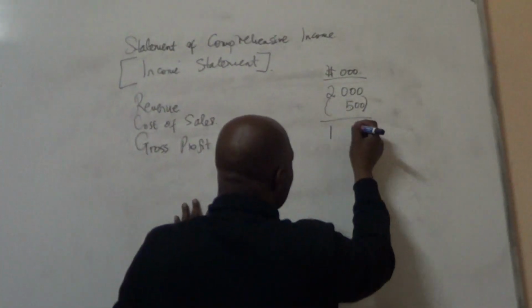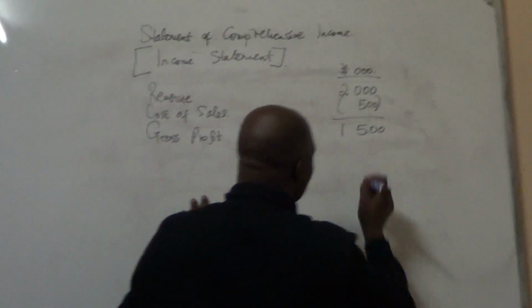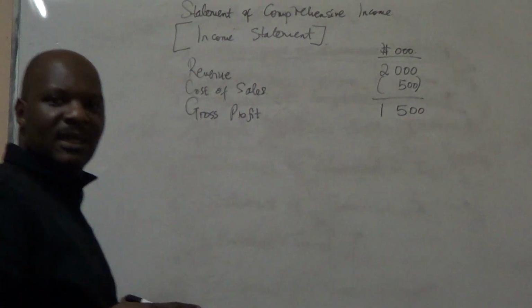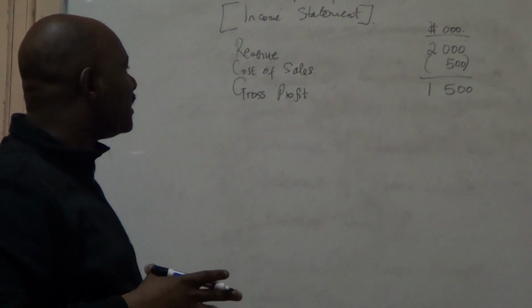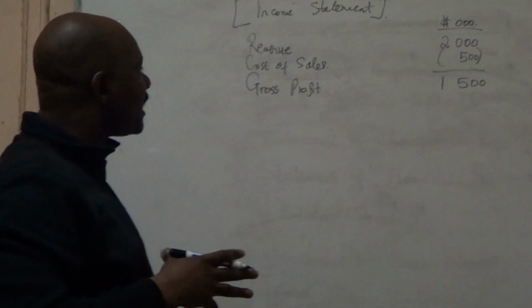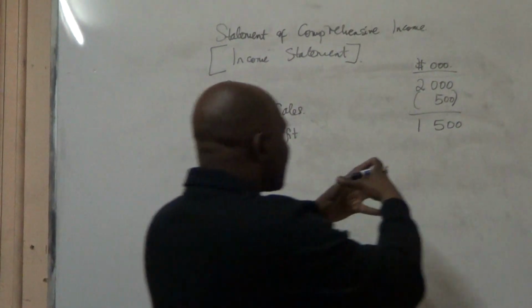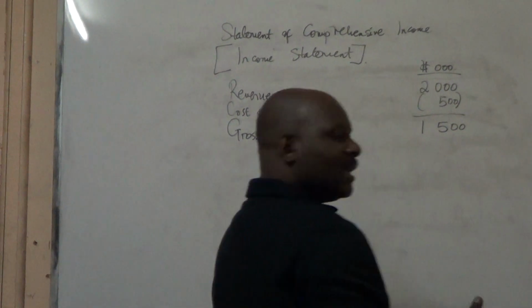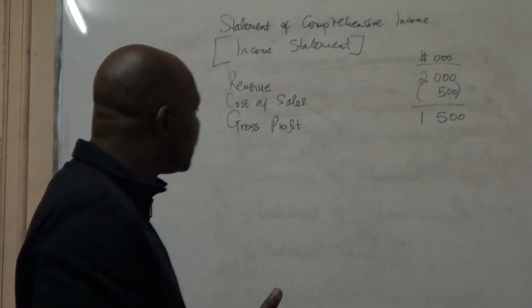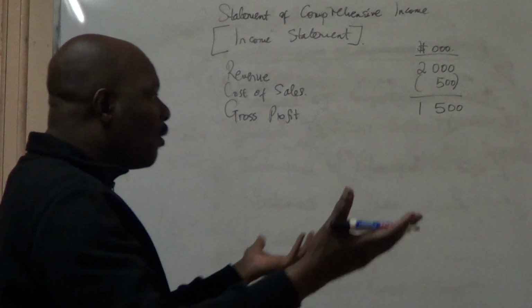The difference between your cost of sales and your revenue is your gross profit. This is the profit that you've made in the business. But from this profit, we haven't deducted all the expenses that the business has incurred in order for us to know how much remains in the business as the profit of the owners.